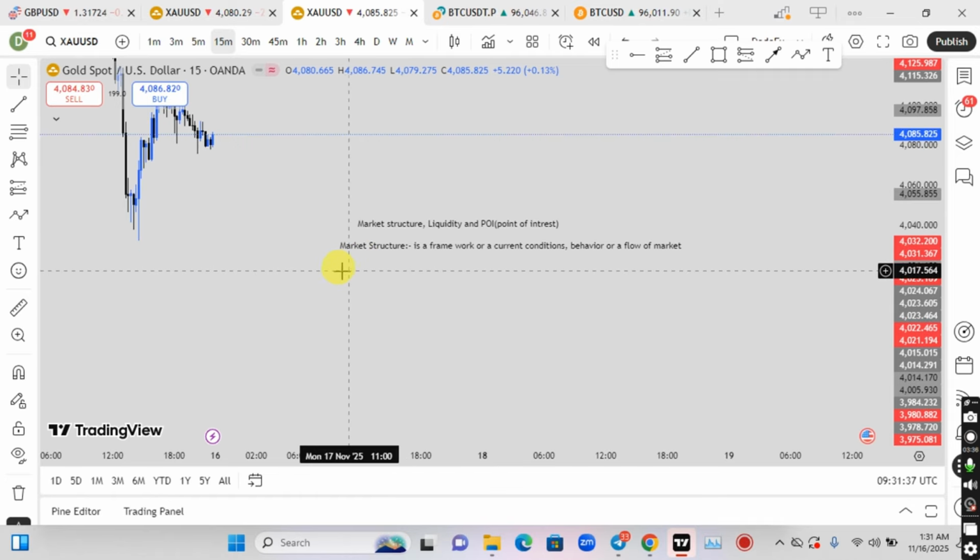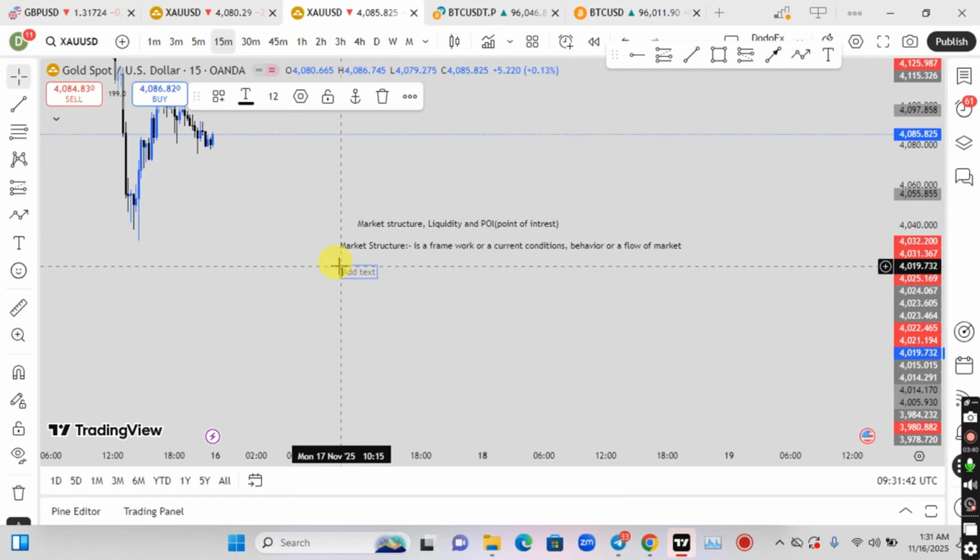We also have two types of market structure: we have the trending market and we also have the ranging market. Types of market structure.